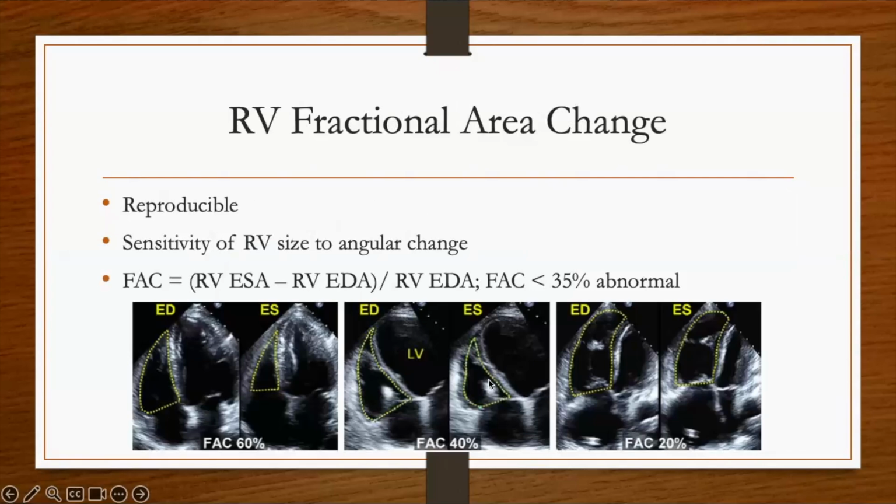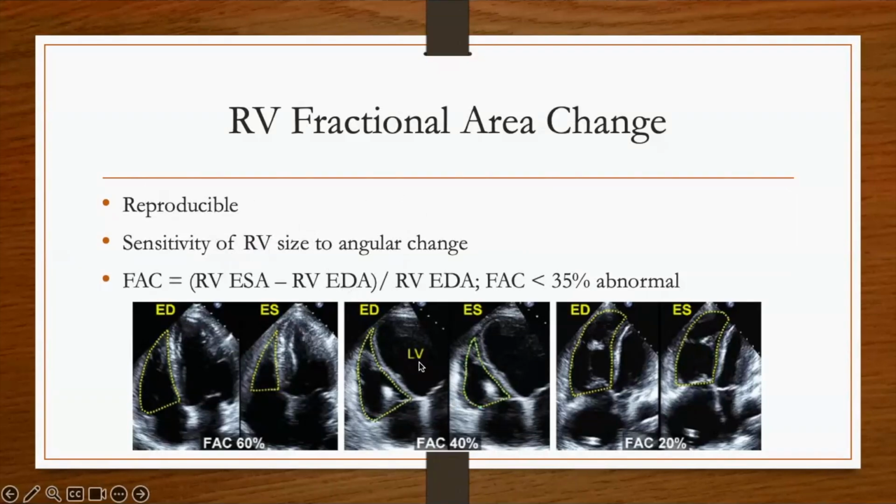So moving away from those two measurements of RV function that are more longitudinal or more regional, there is right ventricular fractional area change.